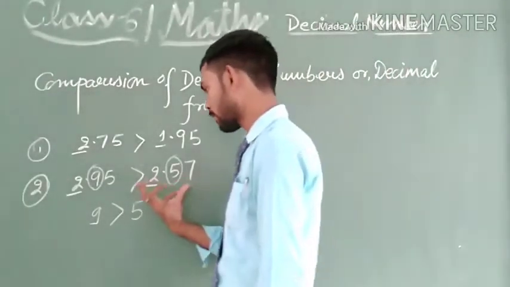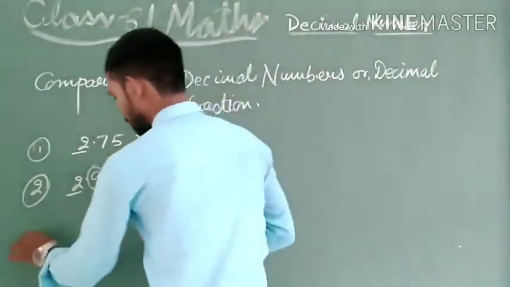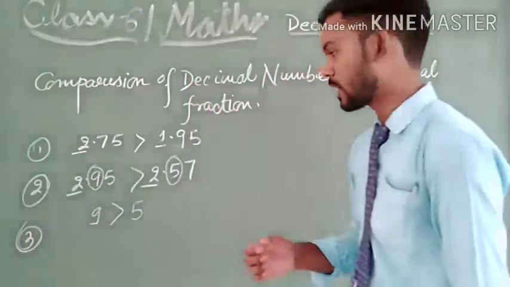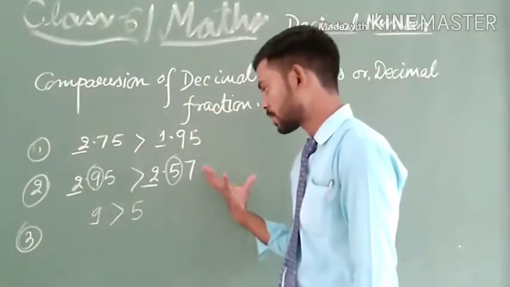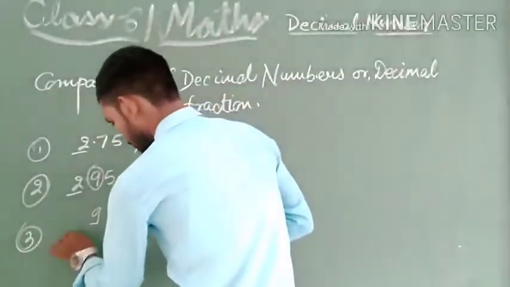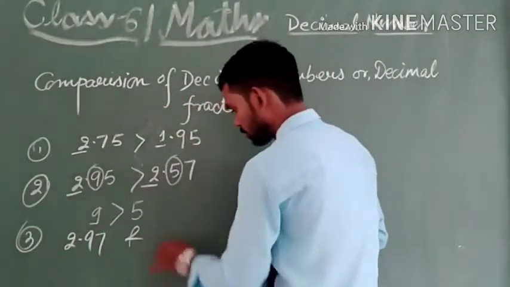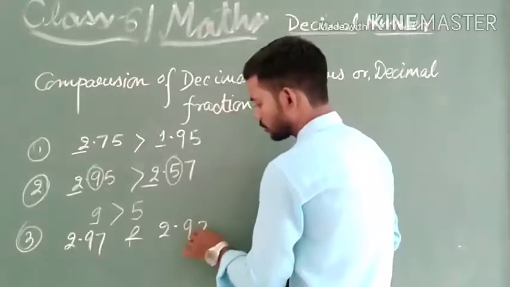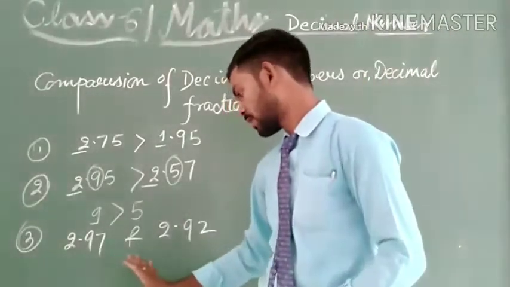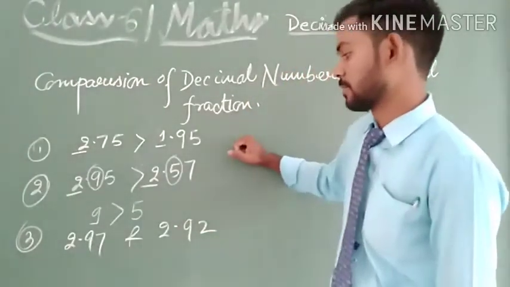Further, if the first digit at the tenth place is also the same, then we move to the right on the decimal and observe the digit at the hundredth place. Take 2.97 and 2.92. Here the whole parts of both numbers are the same, and the digit at the tenth place is also the same.